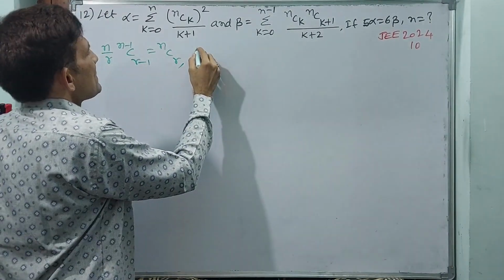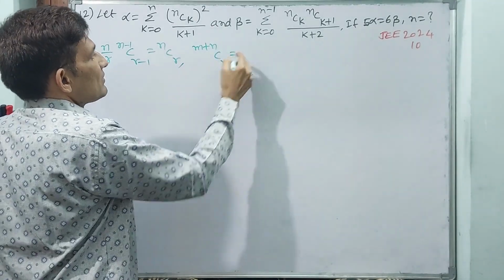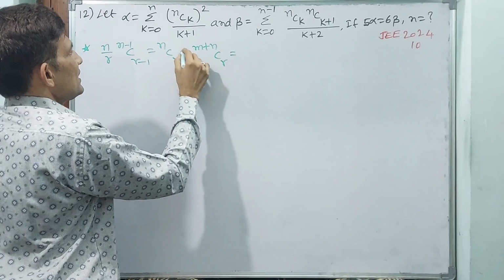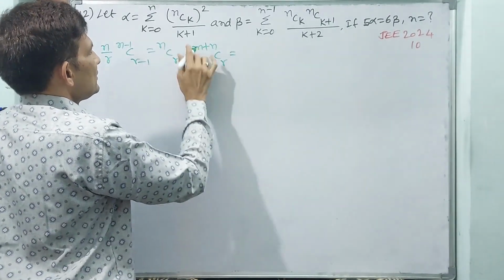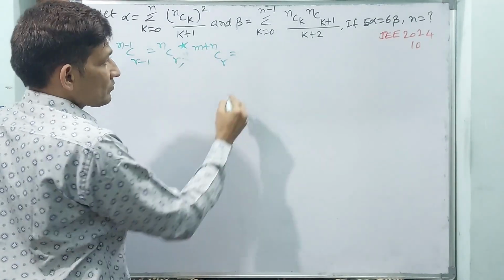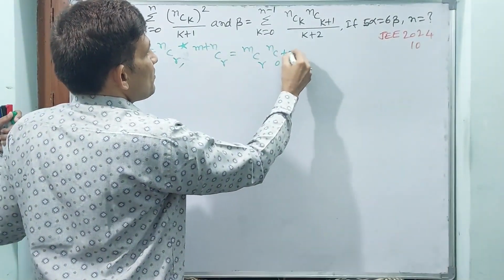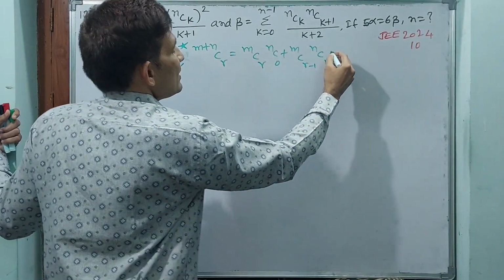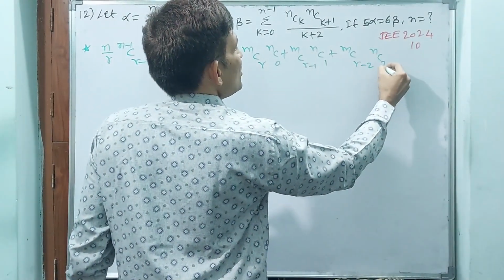You see what I want to say. m plus n C r is equal to, this is the second formula: mCr nC0 plus mC r minus 1 nC1 plus mC r minus 2 nC2 plus and so on.